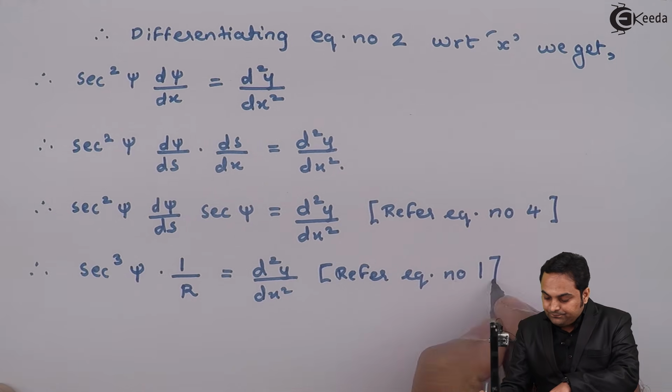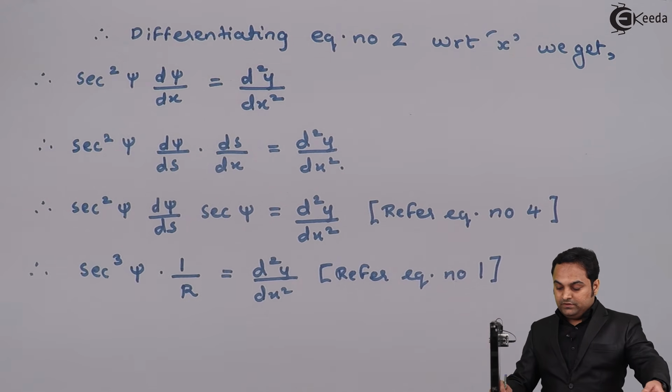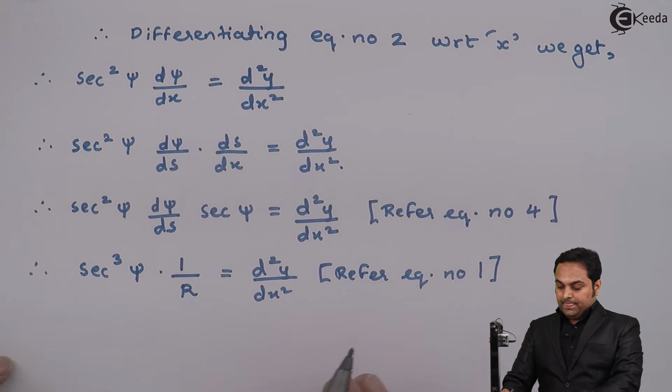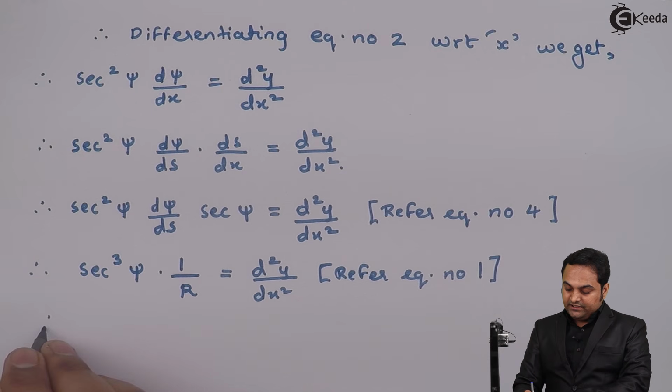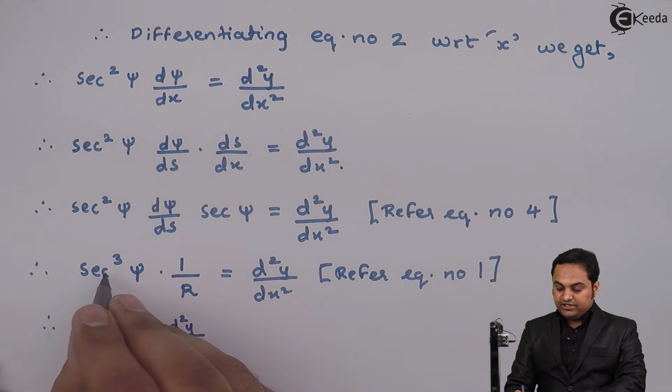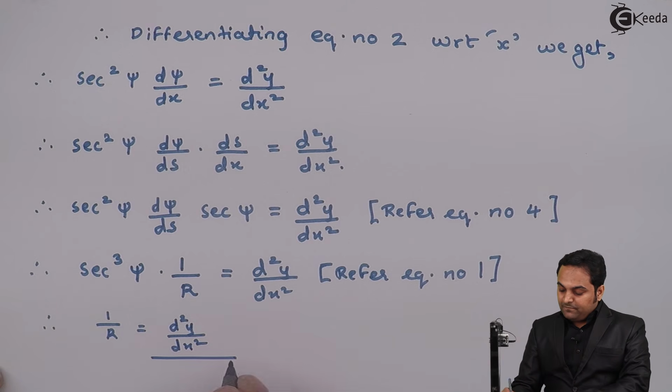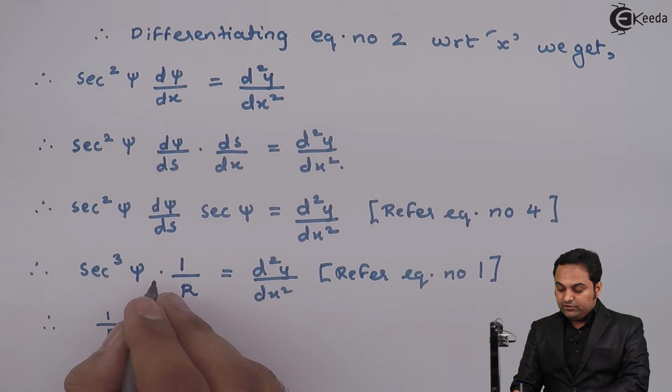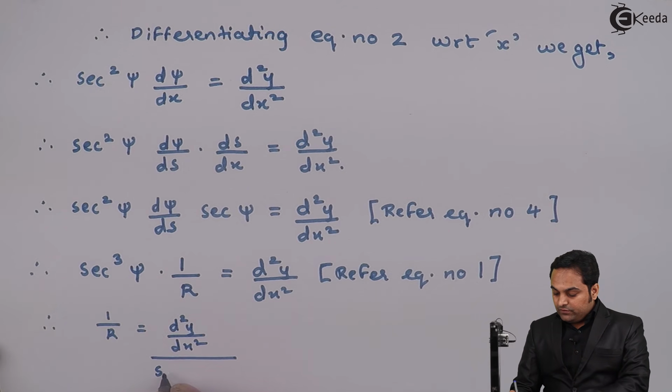And next, after reaching here, I will keep 1 by r on one side. So keeping 1 by r on one side, here I have d square y by dx square. Sec cube psi will be written in the denominator because here it is getting multiplied. So here I have sec cube psi.